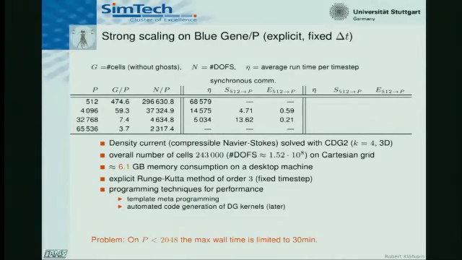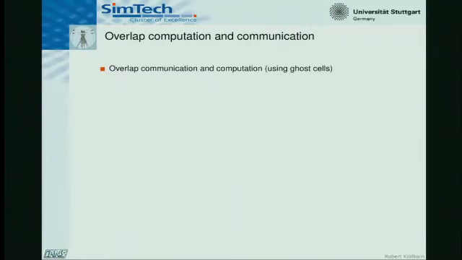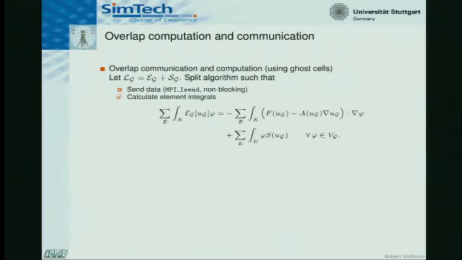And okay, so what I did then is an idea that Frank has also implemented in his code, and many other people, and it goes back to some ideas in the late 90s. You can overlap communication and computation, and this simply means you split up the computation of your discrete operator by first sending the data you need to the other processes.